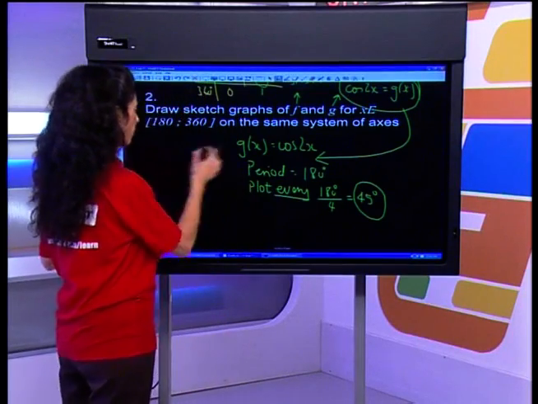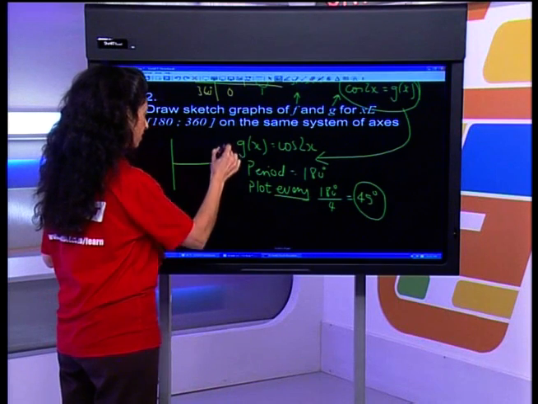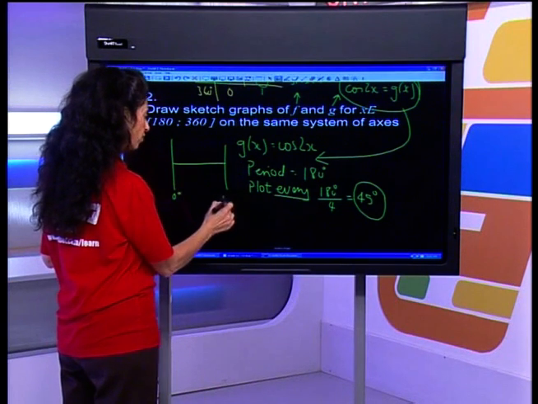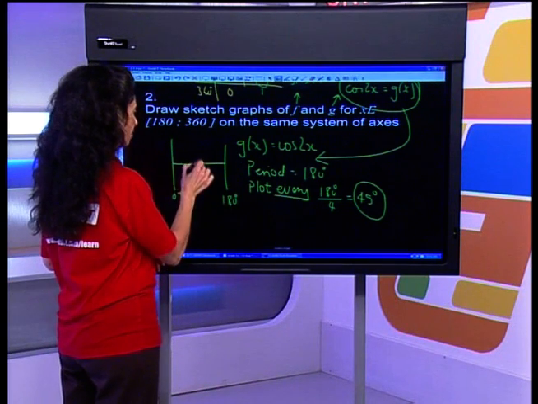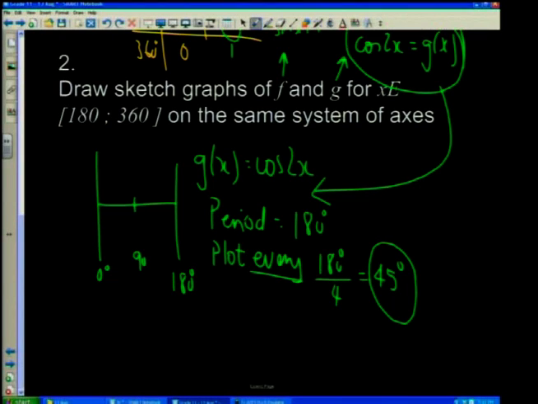And so my overview of this graph is that it's doing this. It's going 0 to 180, and halfway would be 90, and halfway would be 45, and halfway would be 135. And the parent graph says to me that we start at 1, we then go through to 0, to -1, back to 0, and back to 1.